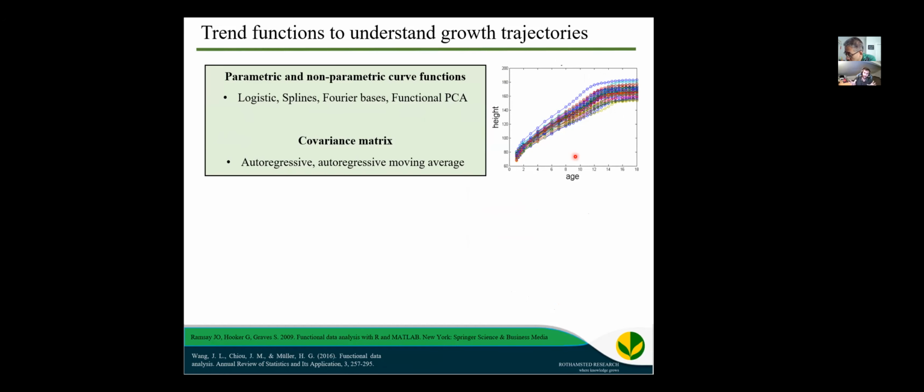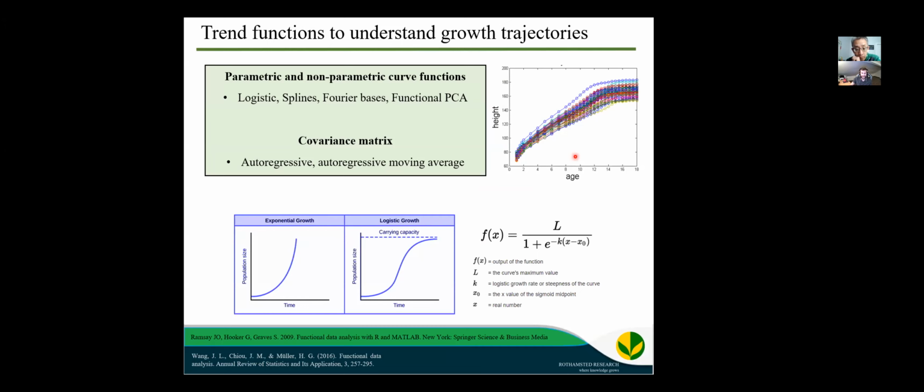You have both approaches, parametric and non-parametric. And again, the covariance matrix is very important, as you try to find the most parsimonious variance-covariance matrix throughout time. And I'll just plot in here the most common one that people use, let's say, which is the logistic growth.